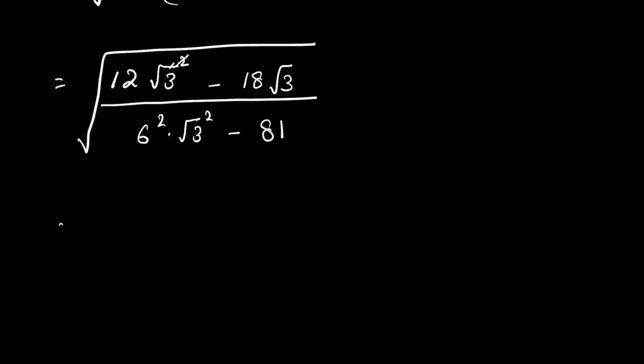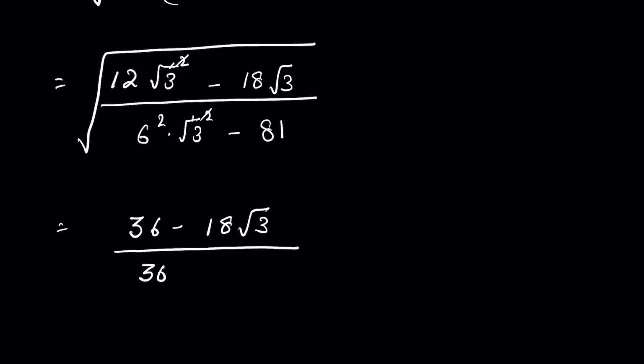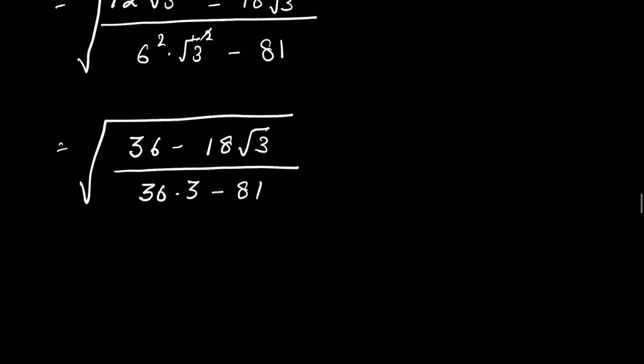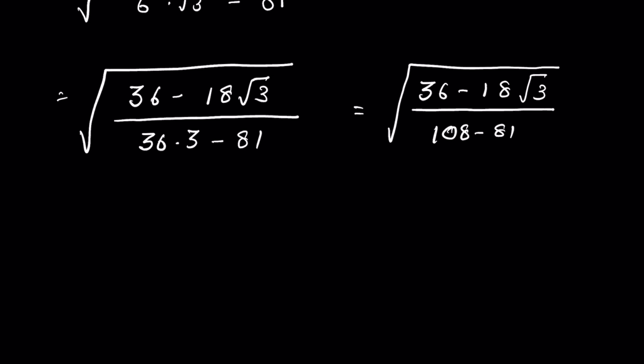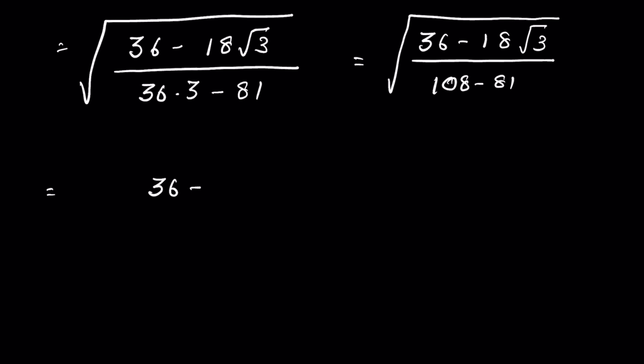Remove square root with this square, so it is 12 times 3, which is 36, minus 18 times square root of 3, upon 6 square, which is 36, times 3 minus 81, or 36 minus 18 times square root of 3 upon 108 minus 81, or 36 minus 18 times square root of 3 upon 27, all under square root.